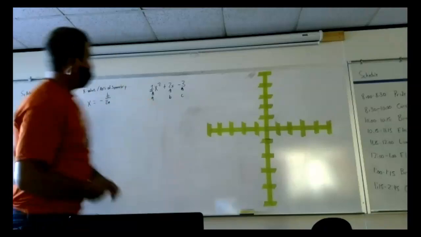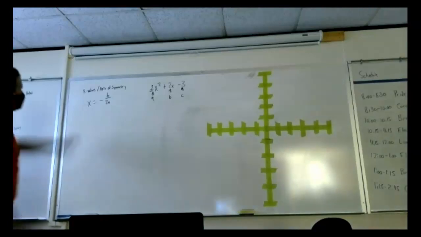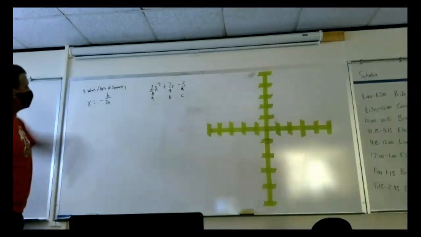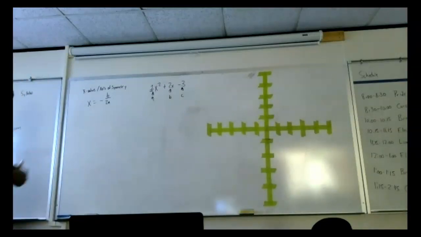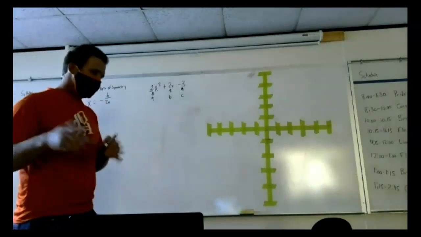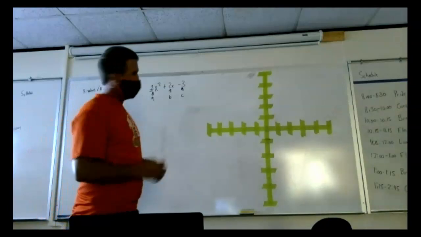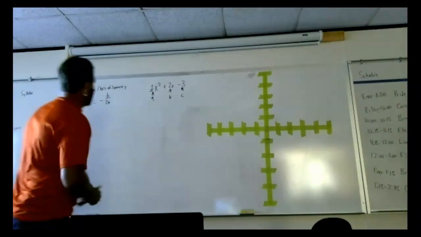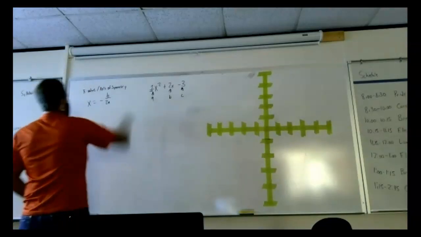Okay, so after you have identified those points, what we want to do is use our equation for the axis of symmetry, or the x value of the vertex, to find out where that falls. We're doing that because that's going to determine where our graph is to the left or to the right. And if we use it strategically, we can minimize the amount of work. So in this case, I have a b value of 2, and I have an a value of 1.